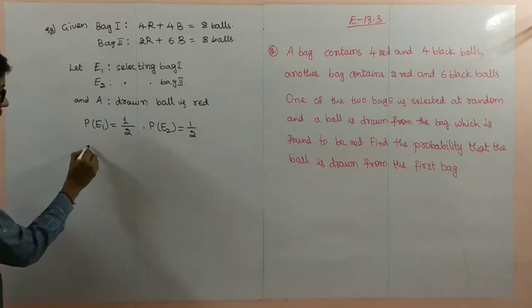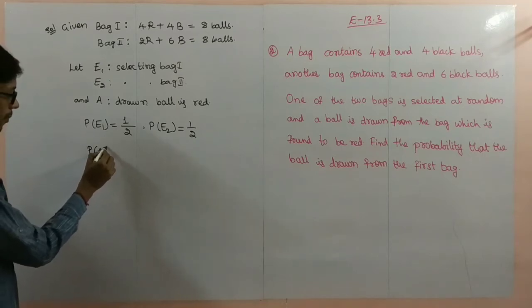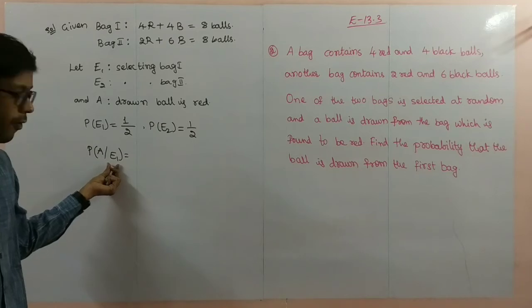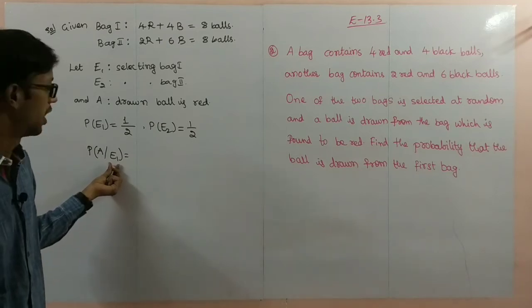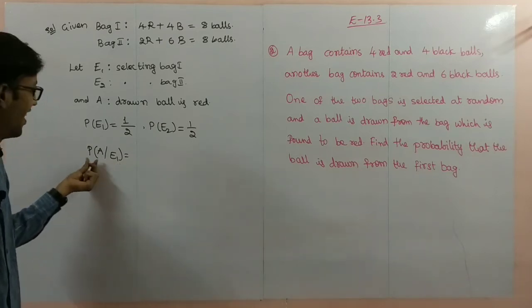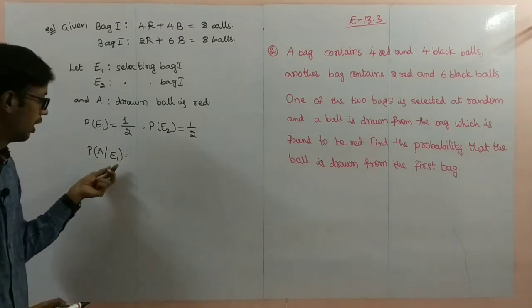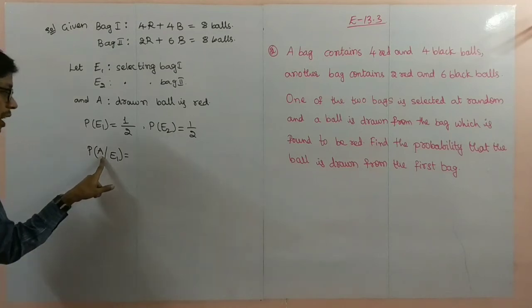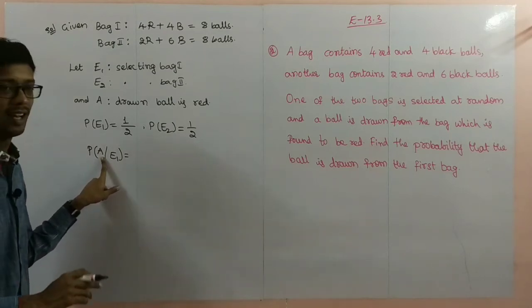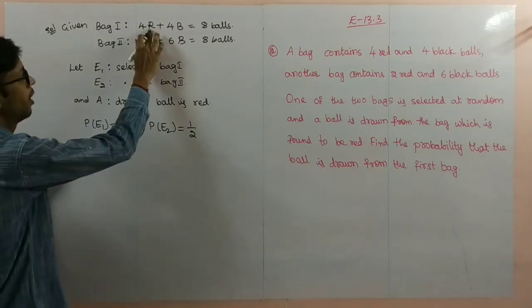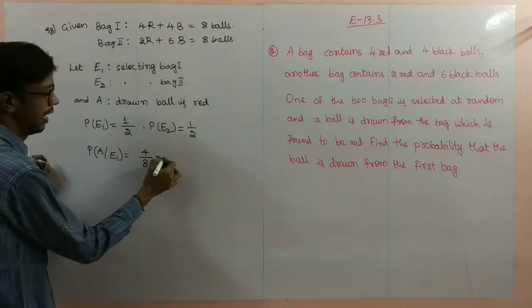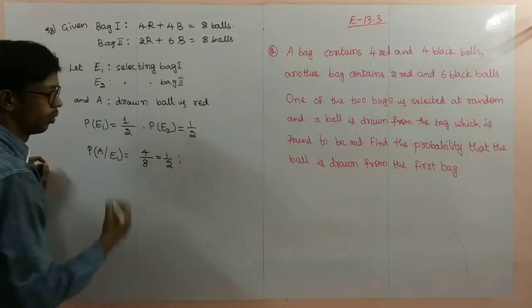Next, probability of A given E1, meaning from bag 1 red ball selection probability. From bag 1 already fixed here, A means red ball selection. So how many red balls in bag 1? Favorable is 4, total is 8. That is 1 by 2.